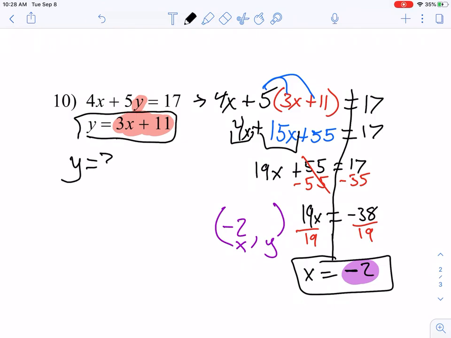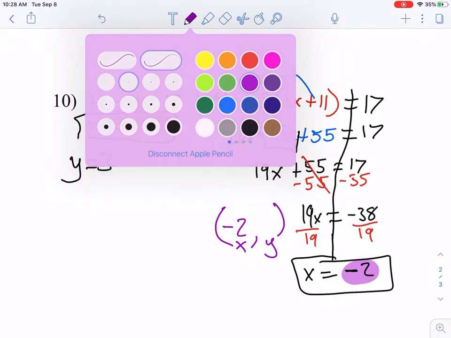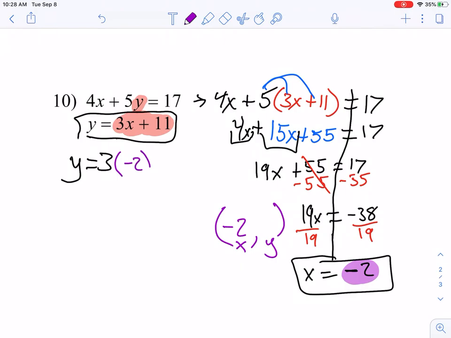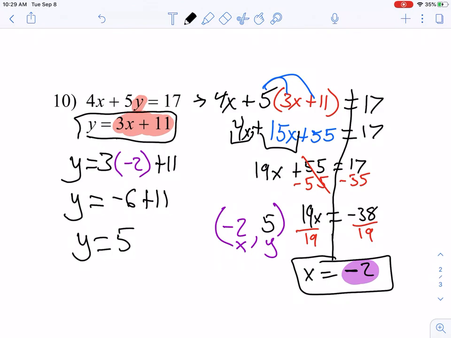Y equals 3 times negative 2 plus 11. So y equals negative 6 plus 11. Y equals 5. X is negative 2, y is 5.